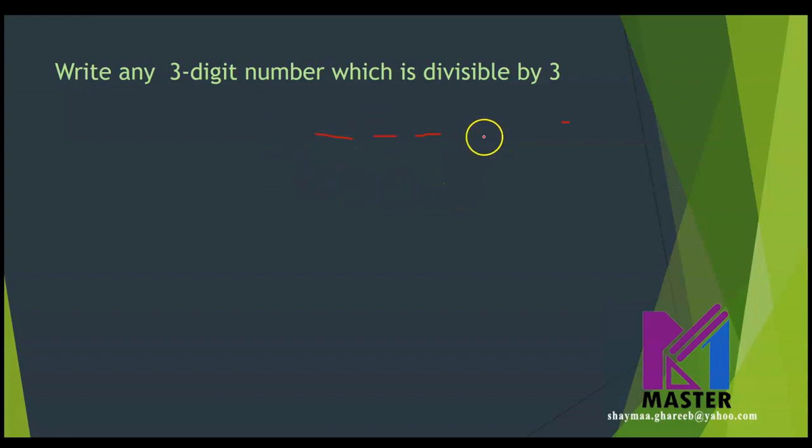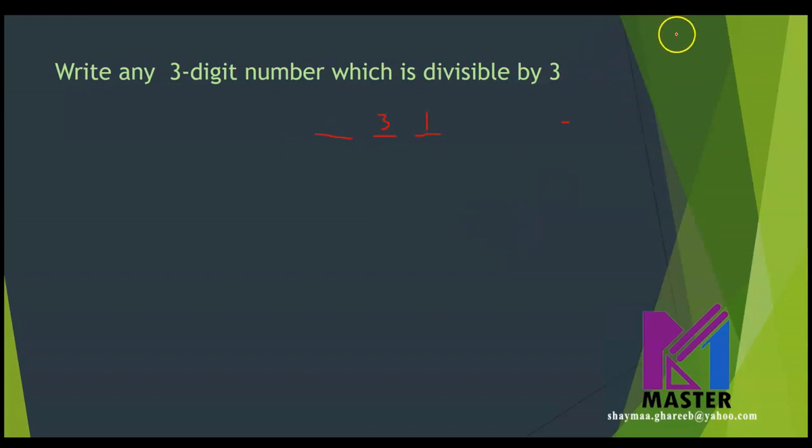So to answer this question, just put any numbers in the units and in the tens place. Let's start with the units. I will put 1 in the units, and I will put, for example, 3 in the tens. And I will stop here to think which number I should write in the hundreds. Now let's find the sum together. 1 plus 3 equals 4. So I need how many to reach a multiple of 3? What are the multiples of 3?